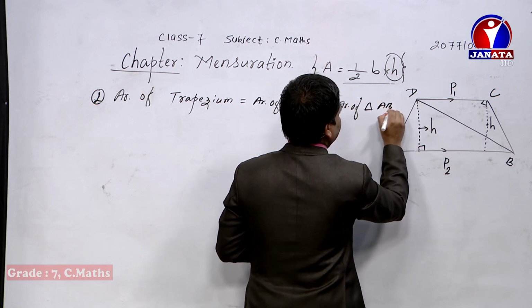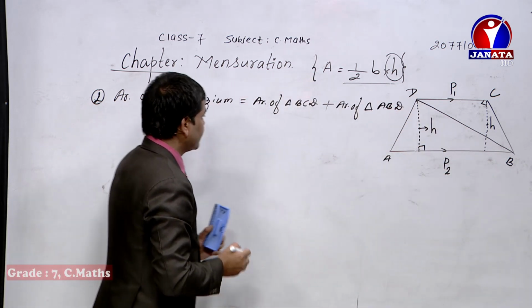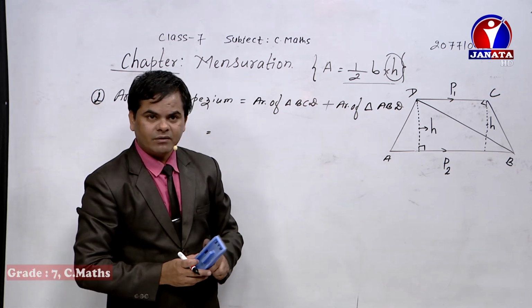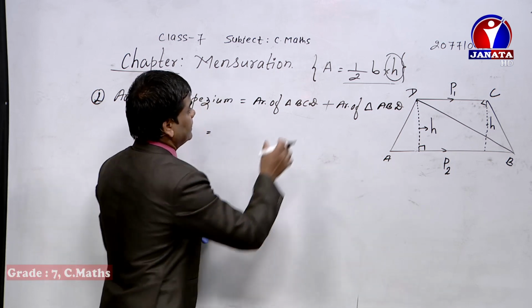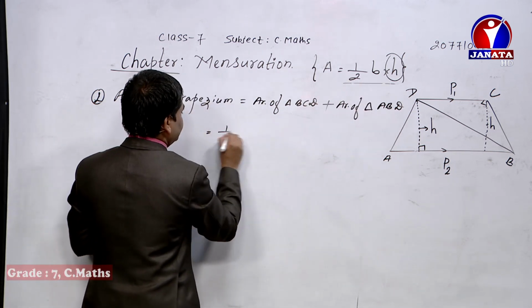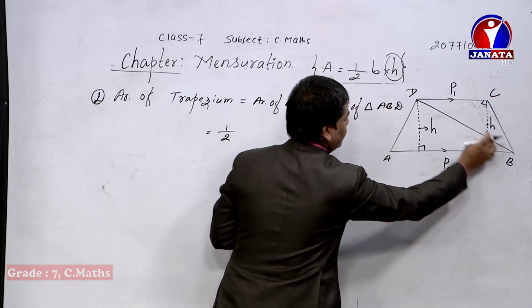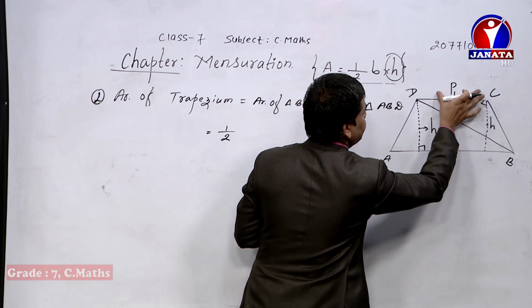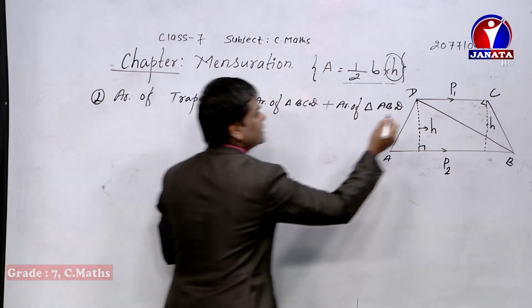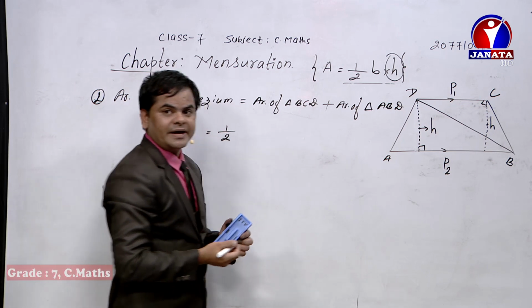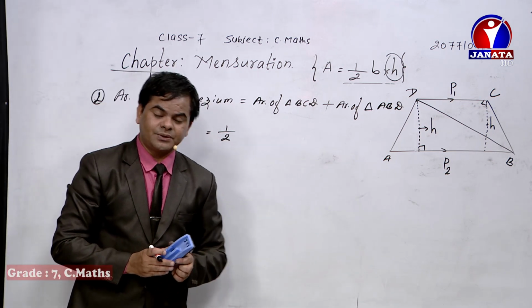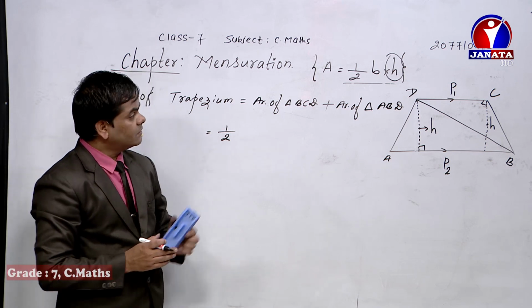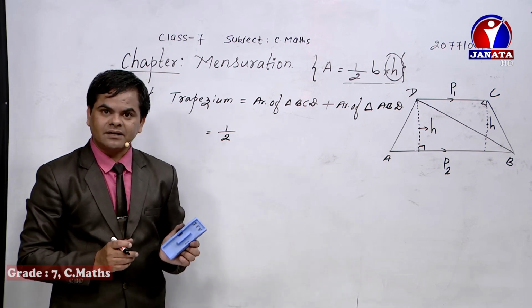As both triangles are general triangles, let's use this formula: 1 by 2. What is the base of this triangle BCD? BCD's base is P1. Because here is a perpendicular sign, wherever between the altitude or the height and a line there is a 90-degree sign, that line except the altitude is known as the base line.